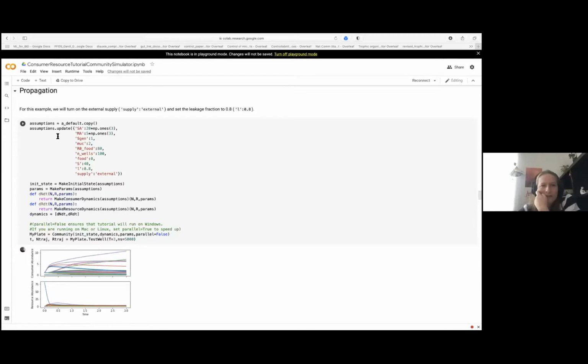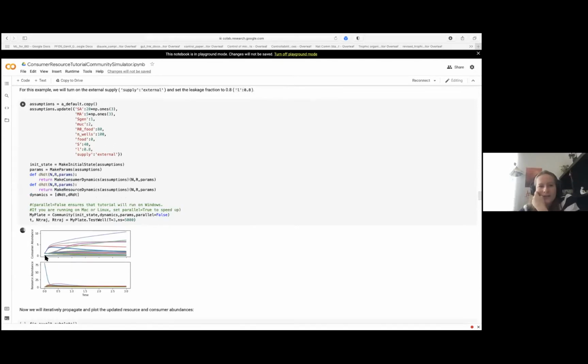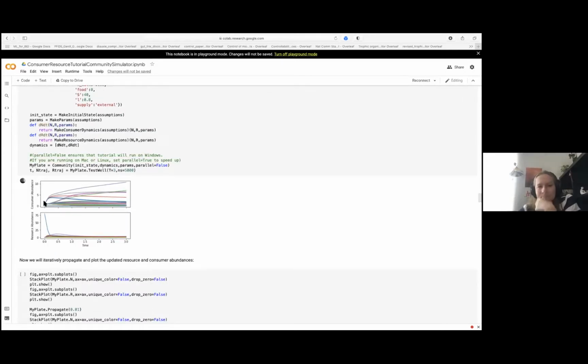Another very nice function that they provide in this package is that you can actually run community dynamics for one resource supply cycle and see how your microbial abundances are changing and how your resource abundances are changing. As soon as you specified all those parameters and you sampled some community, you can see that some microbes come in, grow well on this top resource, but then they synthesize byproducts and they can go down in their abundances.